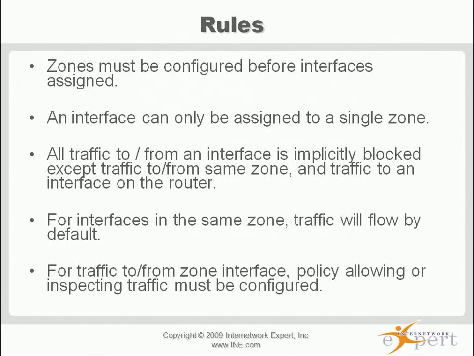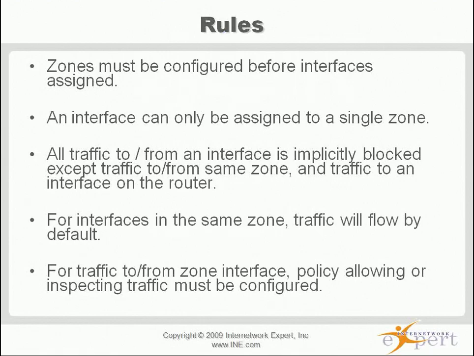If I have traffic terminating on the router, say I want to telnet to my router, I can telnet to my router from anywhere, because that's traffic to an interface on the router itself. Not traffic passing through the router, but traffic to the router that's going to terminate on that router interface.